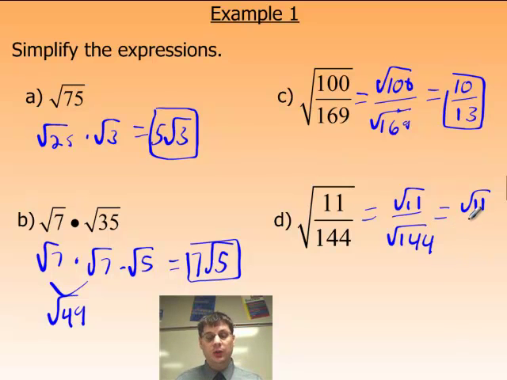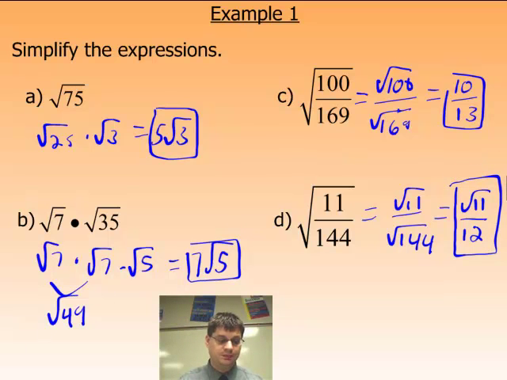But the square root of 144, well, there's a perfect square there, which is 12. I mean, the perfect square is 144, 12 times 12. So that's my simplified radical using our quotient property of square roots.